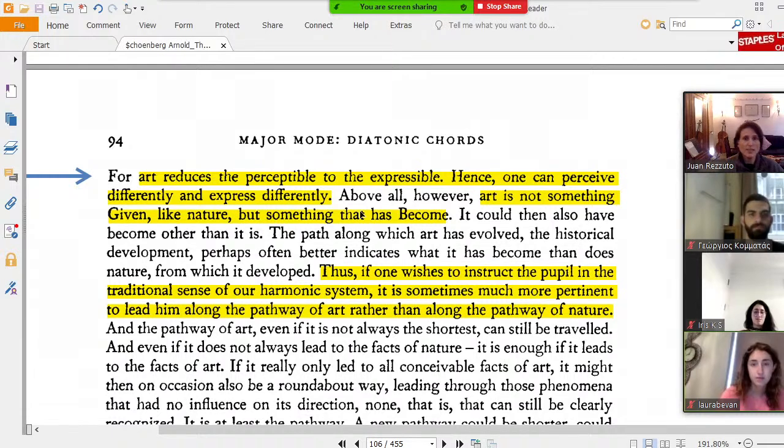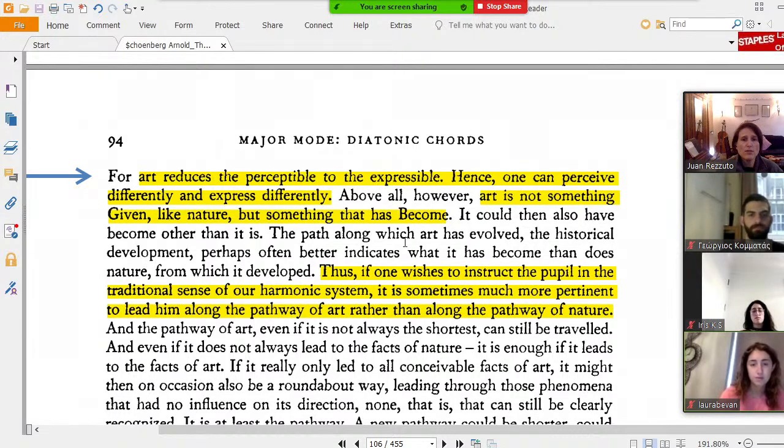Above all, however, art is not something given like nature, but something that has become. It could then also have become other than it is today. Something happened in the past, it changed, who knows?